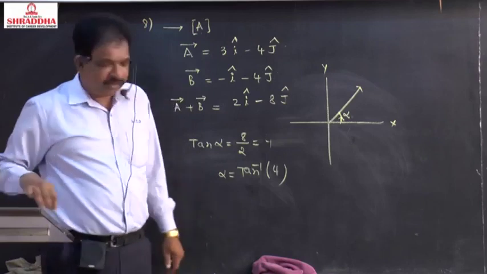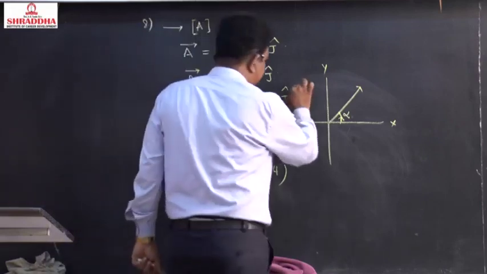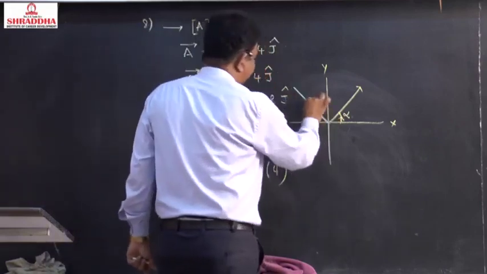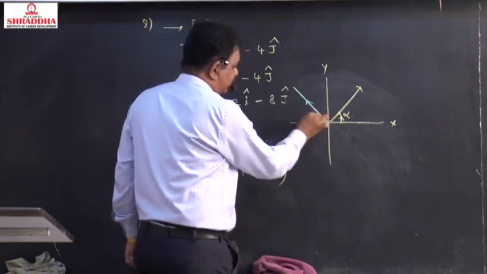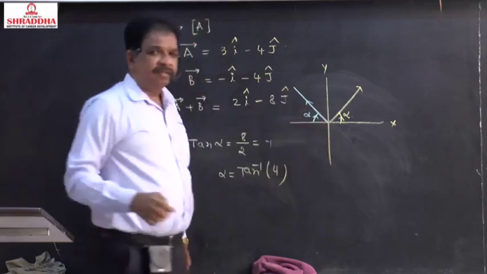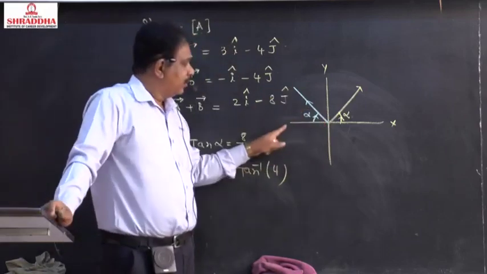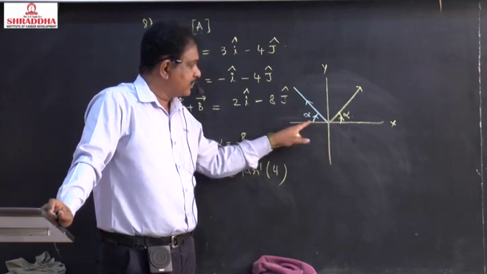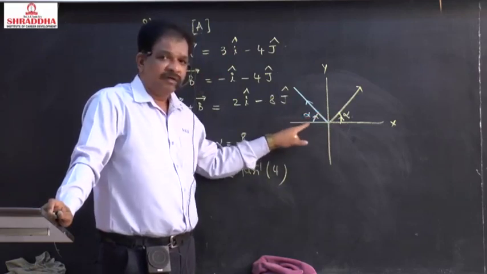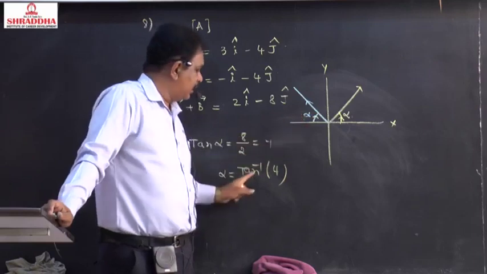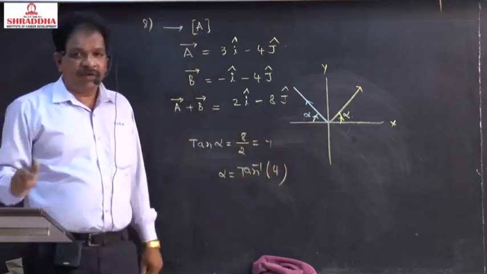If the vector is like this, and you know this angle, then what to write? With the negative x-axis in anti-clockwise direction by angle tan inverse 4. Like that you have to write.